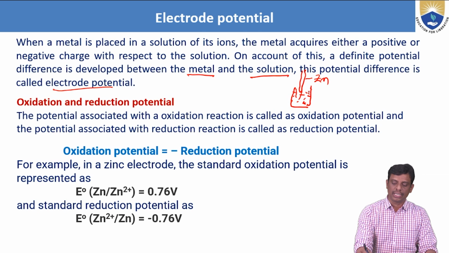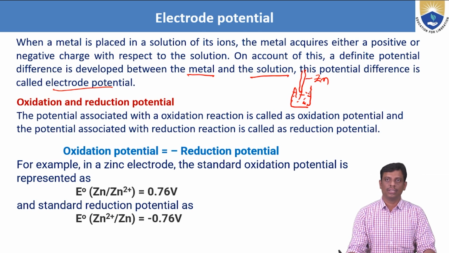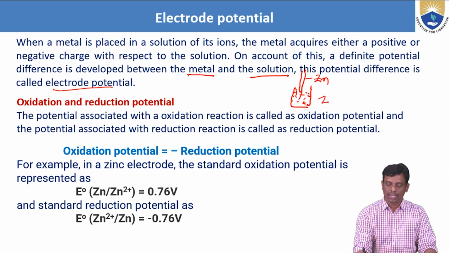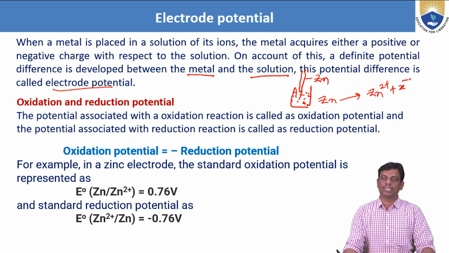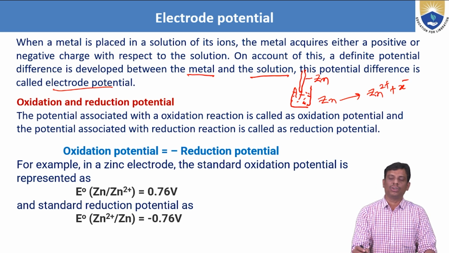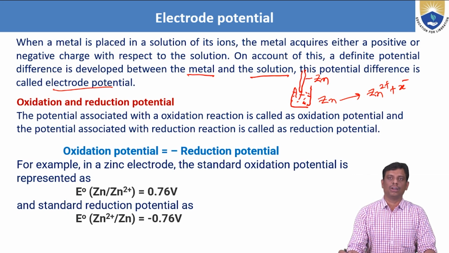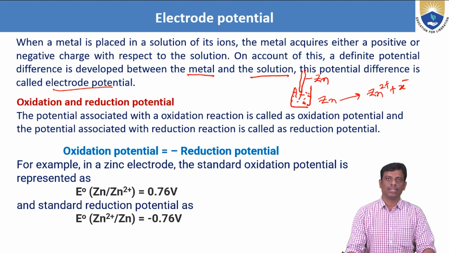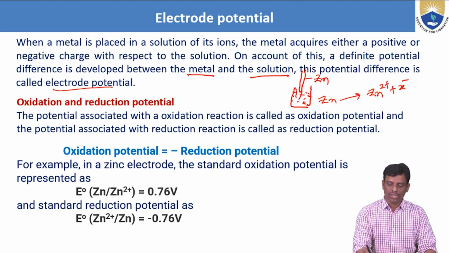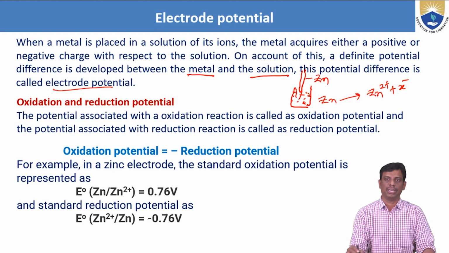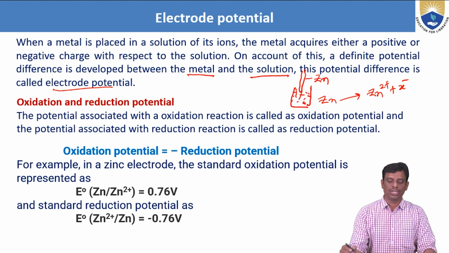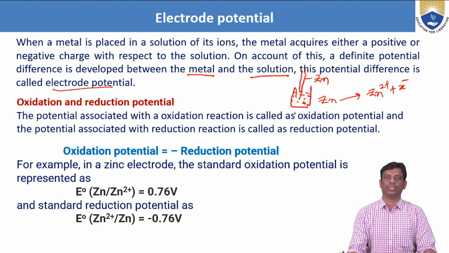It means oxidation takes place: zinc goes to Zn2+ and 2 electrons, losing the electrons. The electrode where electrons are lost is called the anode electrode. Due to the oxidation, the potential is generated in the cell. That potential is called the oxidation potential.